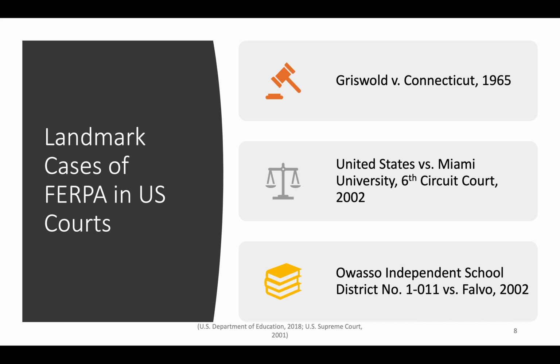The first landmark case that helped in the formulation of FERPA itself was that of Griswold versus Connecticut. While this case was not school law per se, it dealt with criminalizing the use of contraceptives, and it was found that this violated the right to marital privacy.